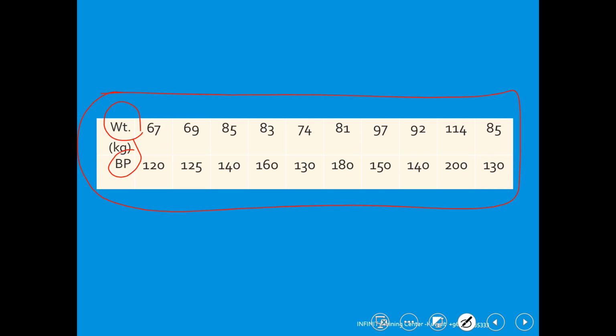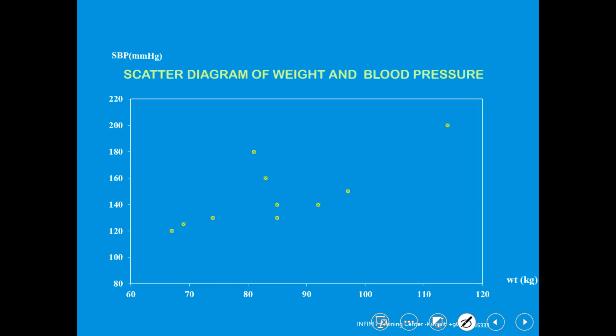We will plot this in a graph and see how it looks. In a scatter diagram, we have the weight and blood pressure here. This is the weight and this is the blood pressure. At each weight, we plot the blood pressure. For every weight, we have the blood pressure here.